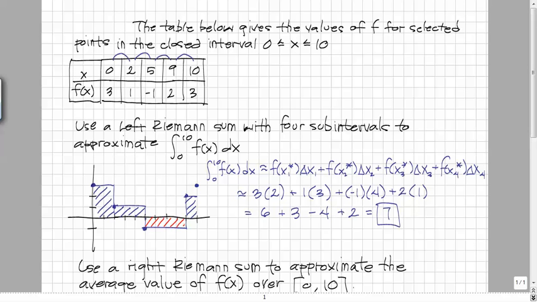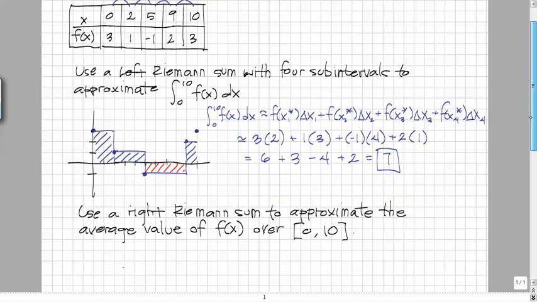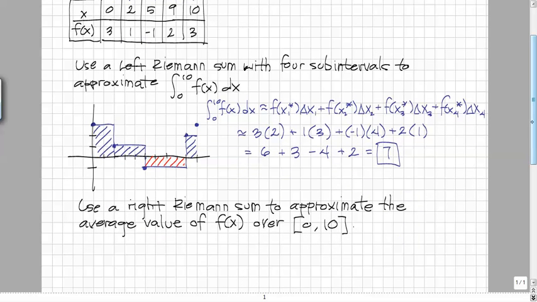I'm going to scroll down a little bit now so we can see our second problem. I will try to keep the table up there at the top of the screen so we can refer back to it. The second problem says use a right Riemann sum to approximate the average value of f of x over the interval from 0 to 10.